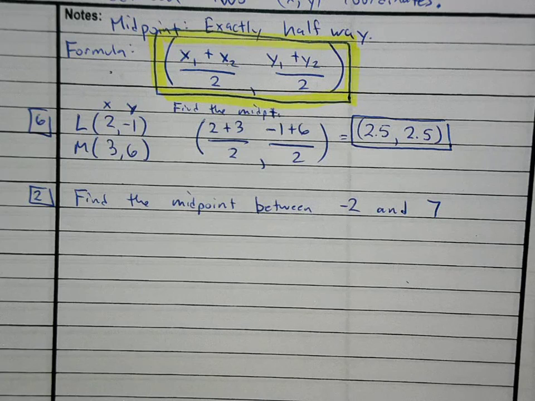And you're going to have to think about your number line. The midpoint formula even works for these ones as well. Okay? I'm going to show you the long way, and then I'm going to show you the short way.